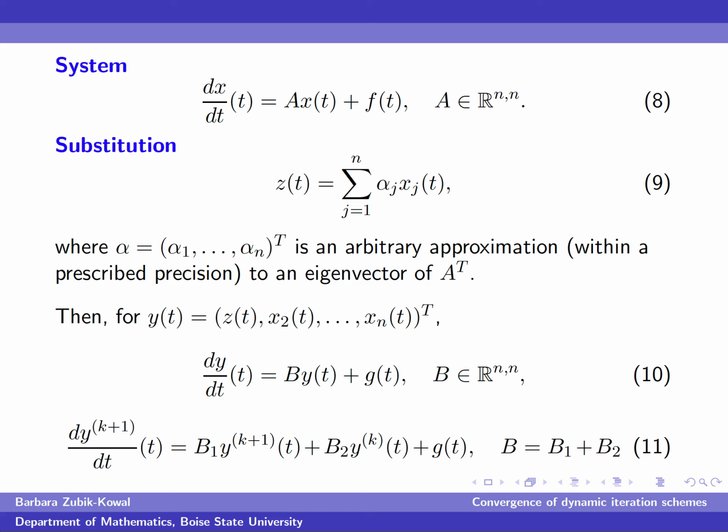In both cases, for finite difference and pseudospectral semi-discretization, and in many other applications, we get systems written in this common and concise form, labeled by equation number 8, where capital A comes either from finite difference operators or from pseudospectral differentiation matrices.